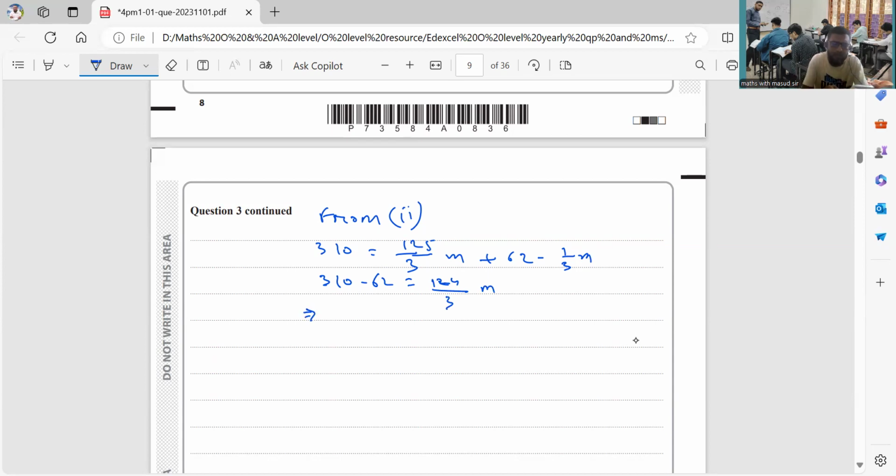Okay, so on the left side 310 minus 62, how much do you get? It will be 248. So 248 equals 124 by 3 m. So m equals 248 divided by 124 by 3. In the calculator, 124 by 3, and you'll get the answer 6. Very nice number. So m equals 6.